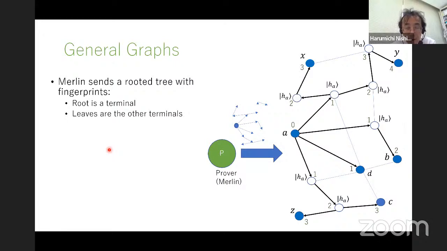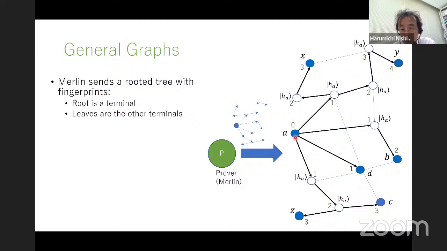This is the line graph case. Now we can extend the line case to a general graph using a standard method of distributed computing. In the general graph case, the prover sends a rooted labeled tree with the fingerprint, like this.